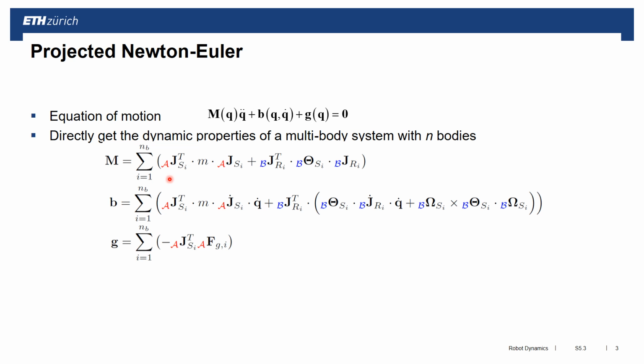Now there's one last element that I pointed out here in color. If you remember, Jacobians always have a basis. So we have here a basis, while this mass matrix essentially is in this generalized space, right? So it multiplies with generalized coordinates.